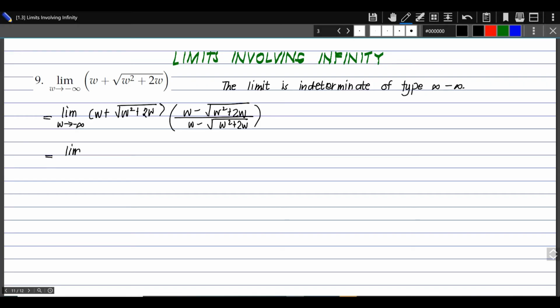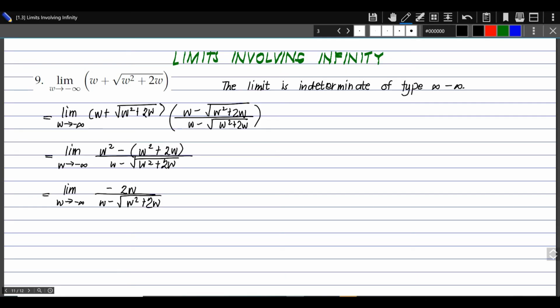Multiplying, we have the limit of w squared minus w squared plus 2w all over w minus the square root of w squared plus 2w as w goes to negative infinity. This simplifies to the limit of negative 2w all over w minus the square root of w squared plus 2w.